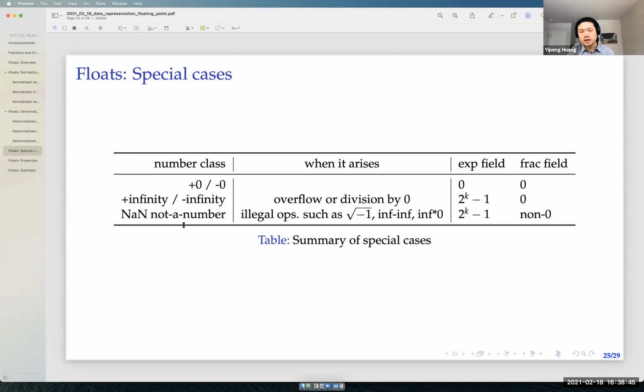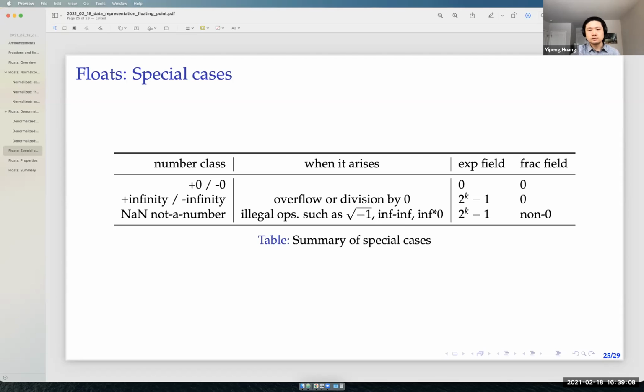And also another kind of number called not a number, which is like an error code, which pops up when you try to do illegal operations on numbers. So things like taking the square root of -1, or trying to compute something like infinity minus infinity. This is neither 0 nor any other number.